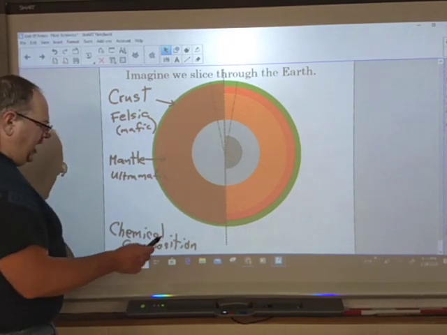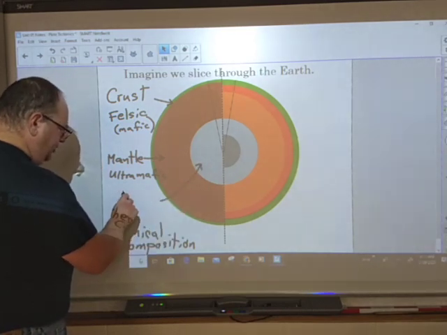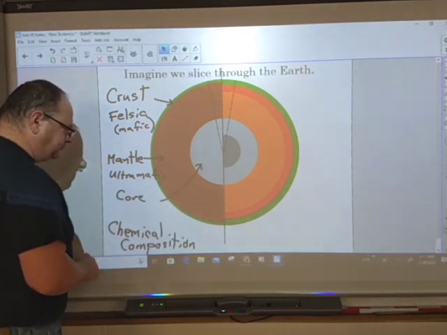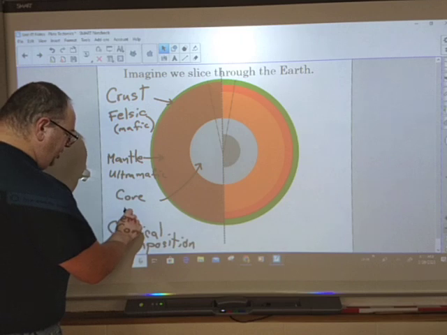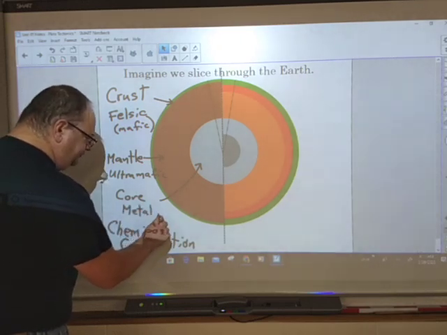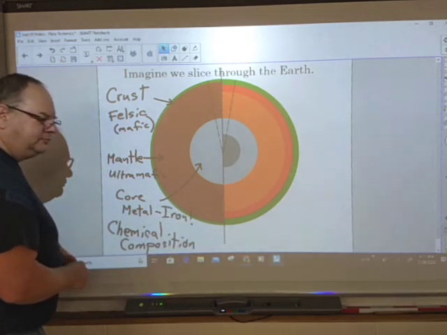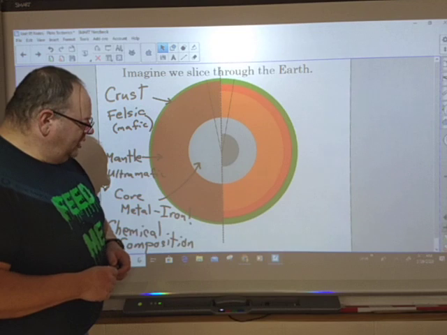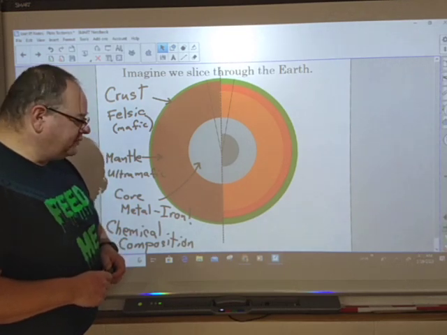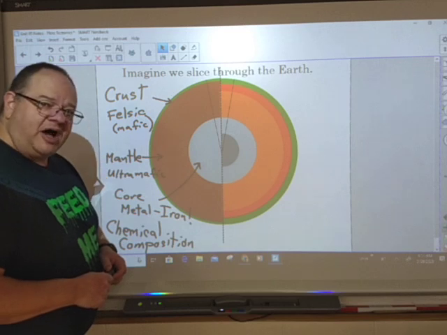Okay, and we've got one more layer in here. This is called the core. And the core is made of metal, mostly iron. Also, we think some substantial amounts of nickel, and there's other metals in there, but a lot of iron.